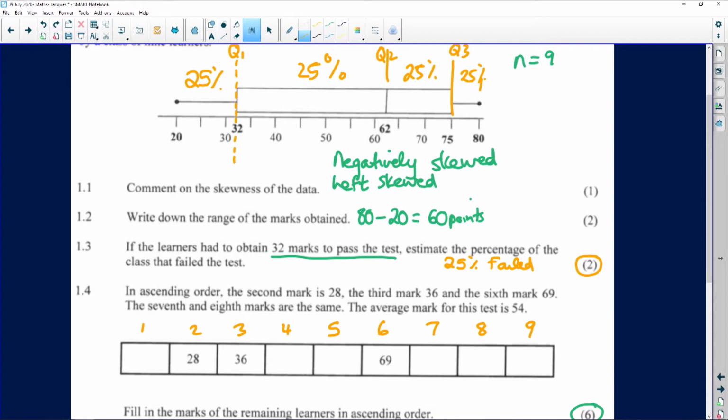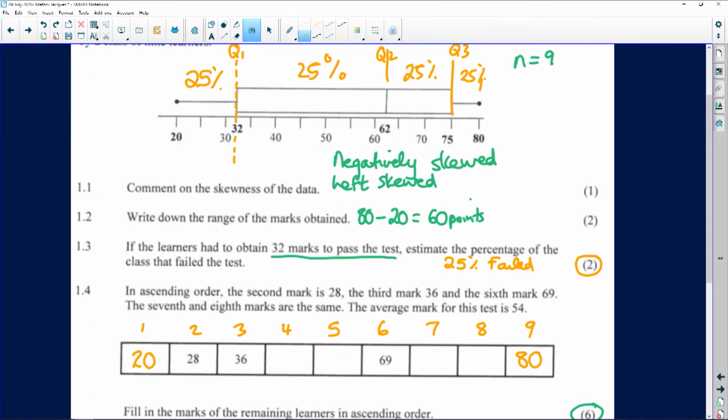Now, if we look at what we have here, there's the 9 learners. The weakest learner had 20 marks, so we can fill in 20. And the strongest learner had 80 marks. Your median, now check here, there's 9 data items, folks. If the number of data items is odd, you add 1 to it, you get 10.